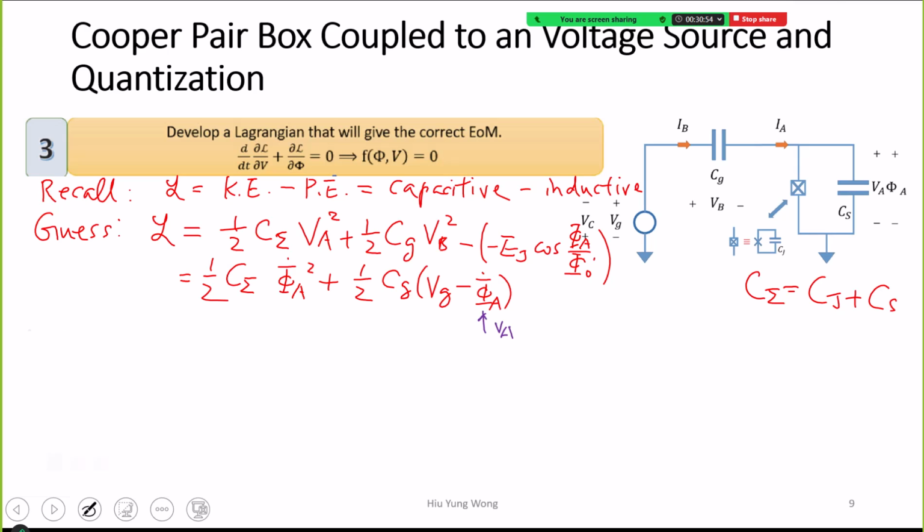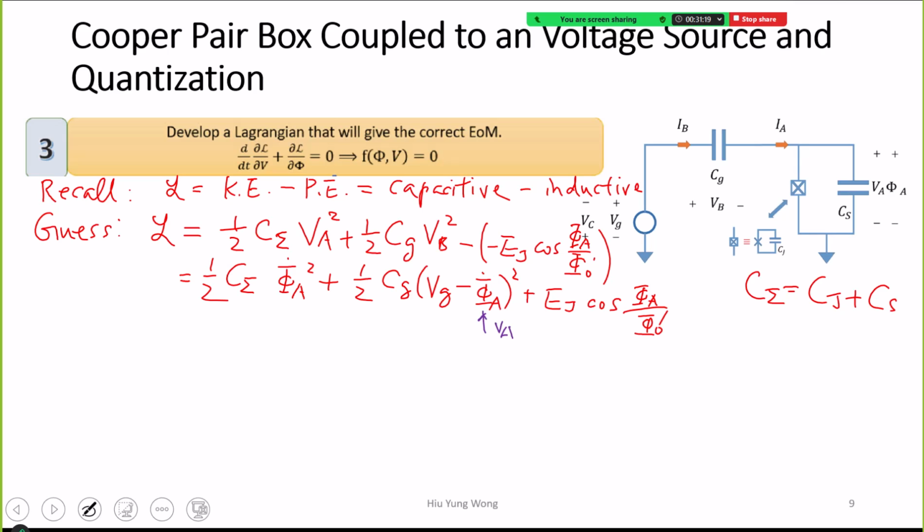And then the last term, negative times negative equal to positive, is EJ cosine phi A divided by phi naught dash. And I forgot the square here. So that is the Lagrangian, I guess.